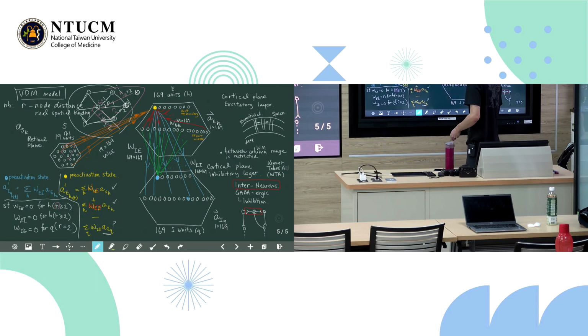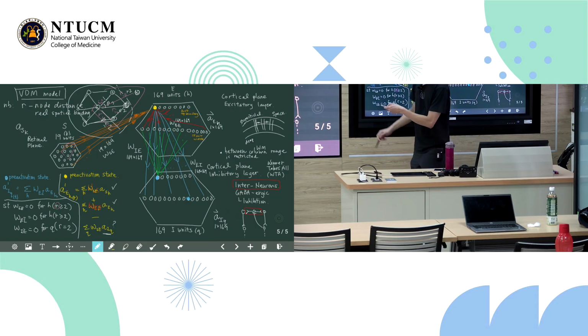So let's talk about this one. I'm drawing this as going out, but you can reverse your frame of reference. If I focus on this, it is also receiving all the blue from the excitatory layer. So any given inhibitory unit is receiving the excitatory layer activity, AEH, modulated by WEI instead.